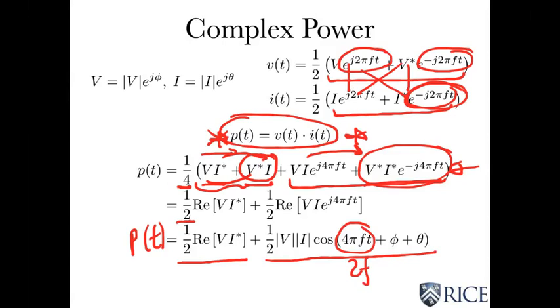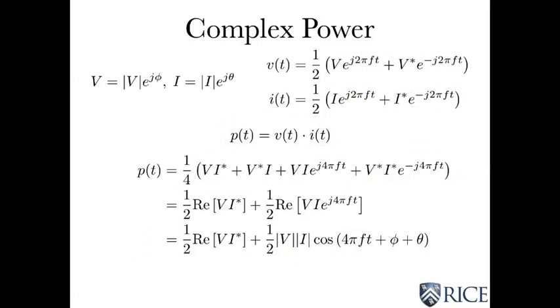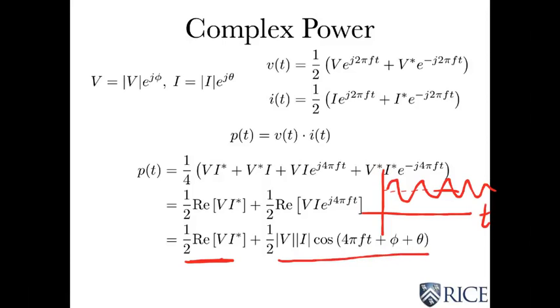So if you plot this, the first term is a constant. It's a function of time now. And rippling around it somehow is the time-varying part.